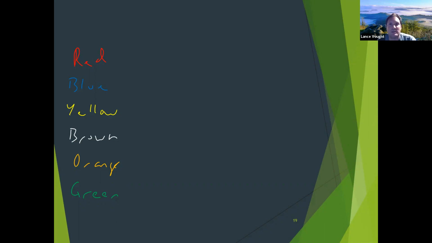So does anyone want to guess mine? My favorite color is orange. It looks red, but it's orange. Orange has always been my favorite color. Although green has become my favorite color over the past 10 years. Orange is my favorite color because I thought it was the least common color that people said was their favorite.